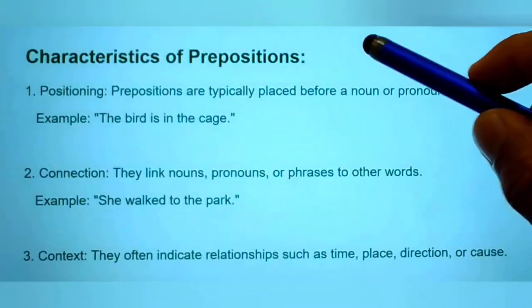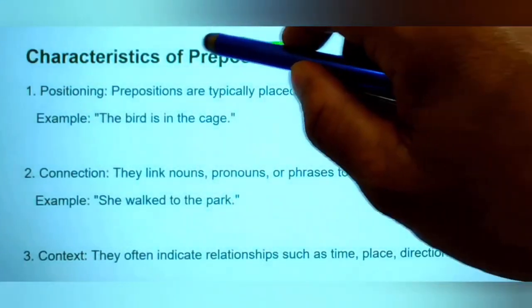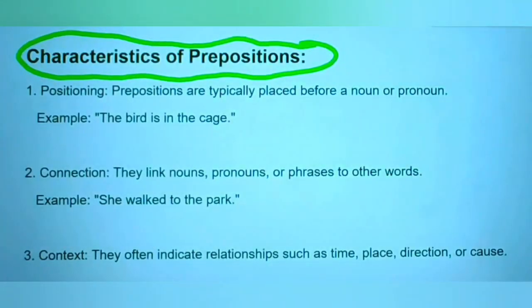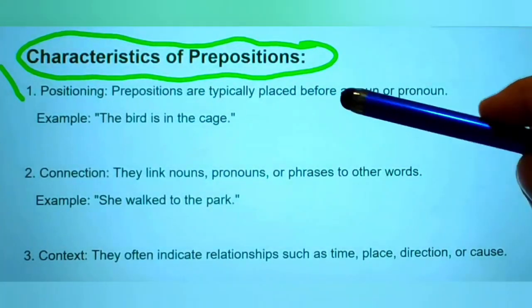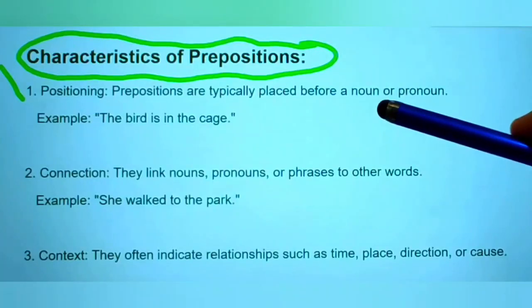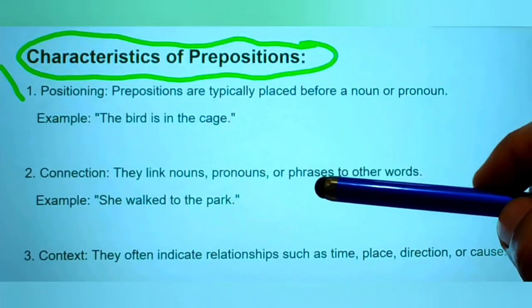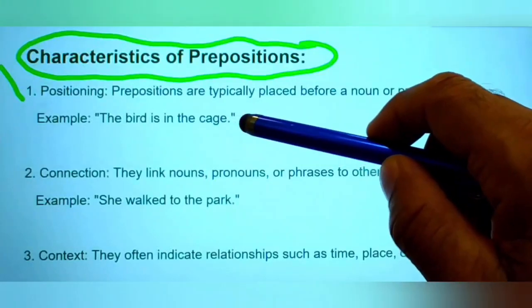Let's describe further in detail the characteristics of prepositions. The first one here is positioning. Prepositions are typically placed before a noun or pronoun. For example here, the bird is in the cage.